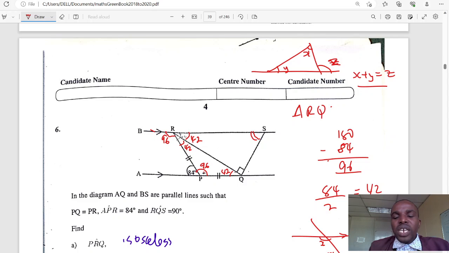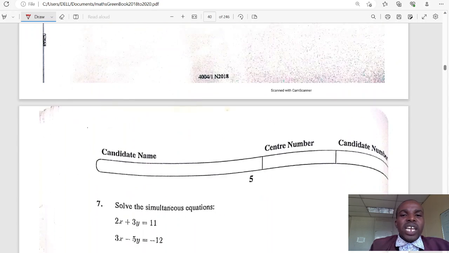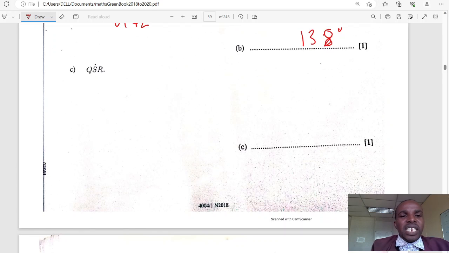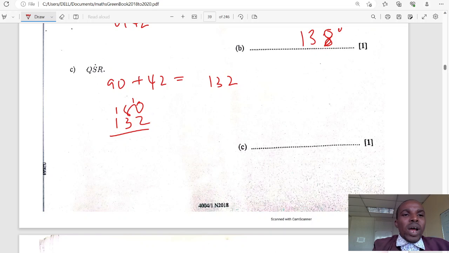You can say 90 plus 42 from 180. 90 plus 42, what do you get? 132. Then 180 minus 132. 0 minus 2 you can't, so you borrow 1. It will be 10 minus 2 is 8. Then 8 minus 4 is 4. So it's 48 degrees. Just like that.